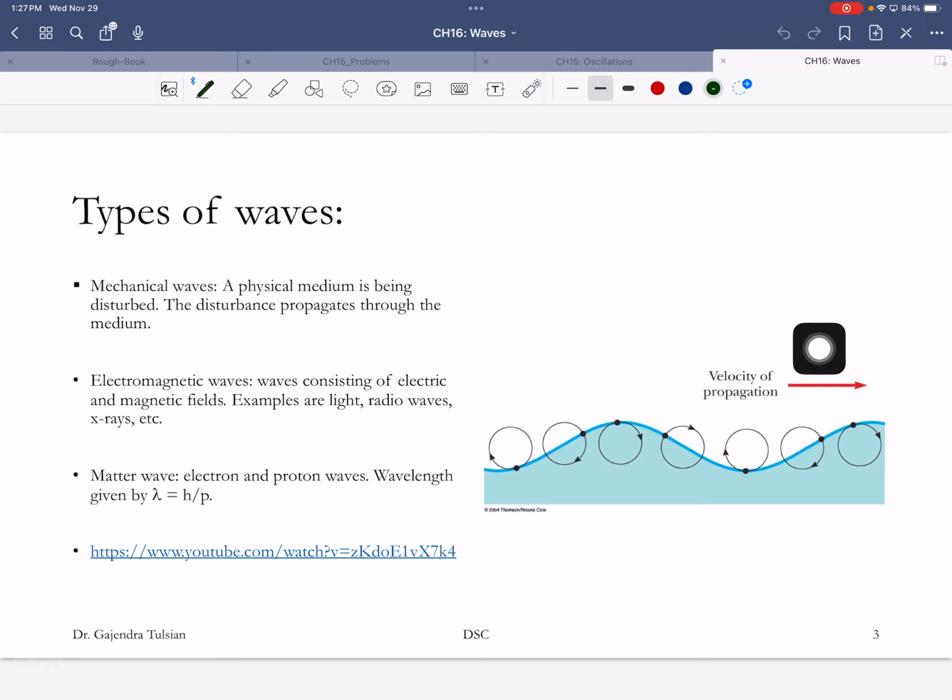So we'll talk about different kinds of waves: mechanical waves, electromagnetic waves, matter waves. Mechanical waves are waves that need a medium to travel through. Electromagnetic waves can travel through perfect vacuum. Can you give me an example of that?